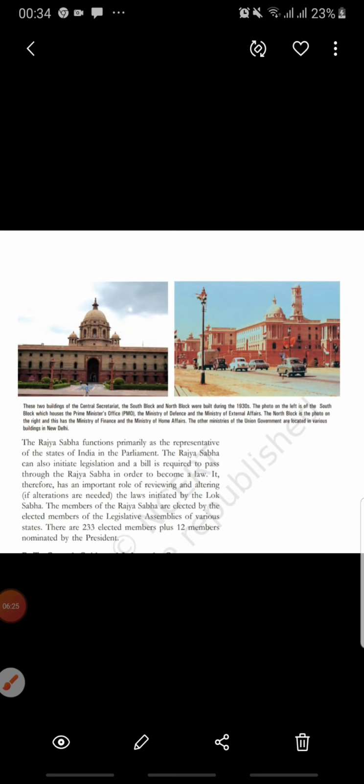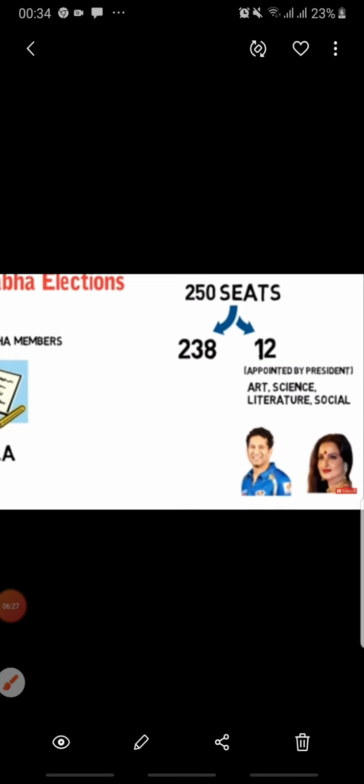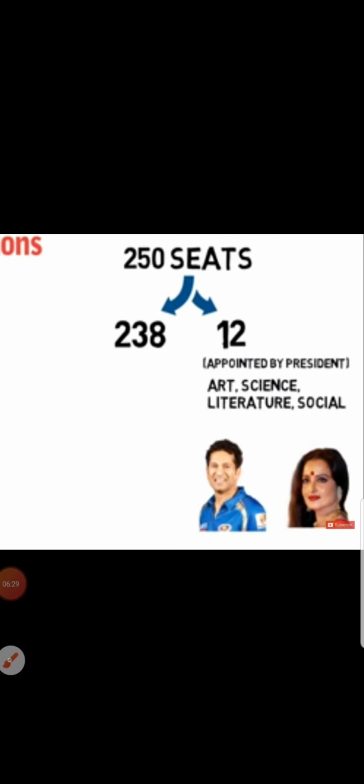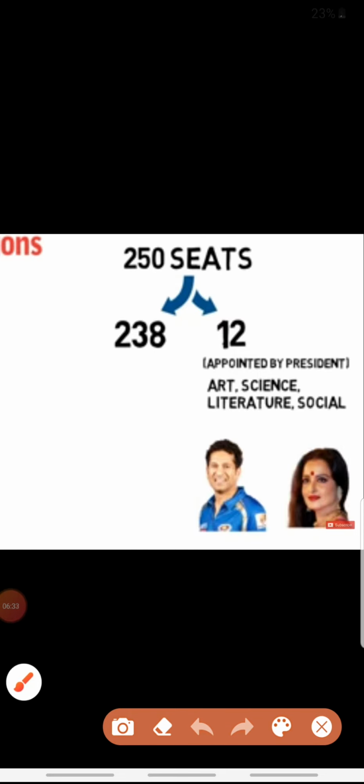So we will see here in the picture, children, how the Rajya Sabha members are elected. So Rajya Sabha has a total of 245 members. Out of these, 12 members are nominated by the President.